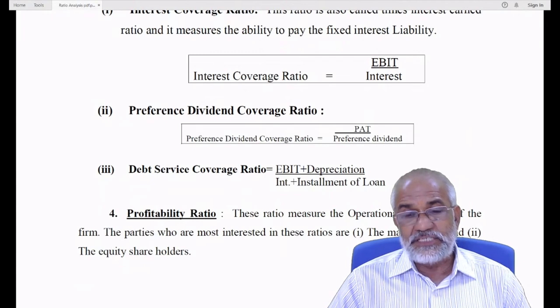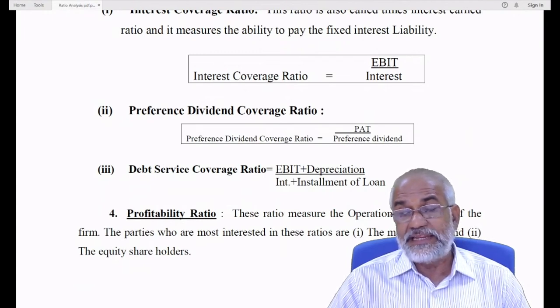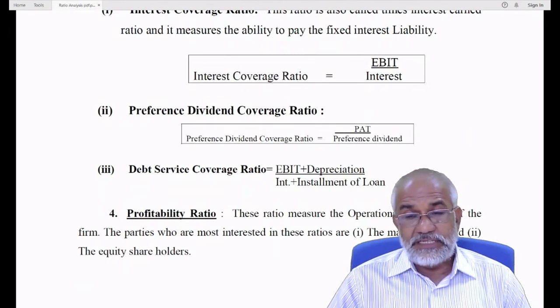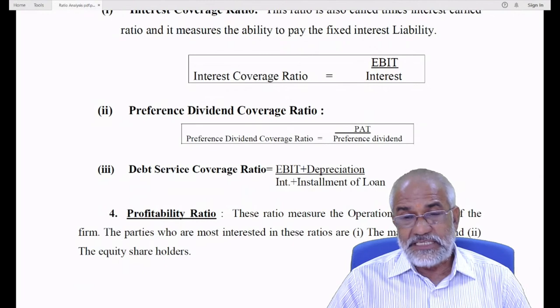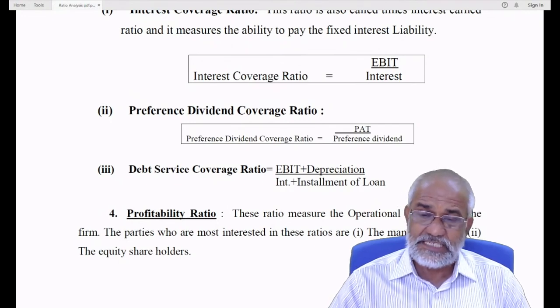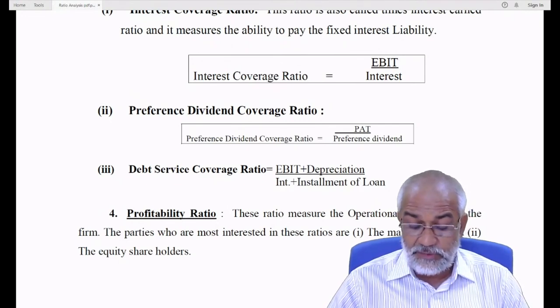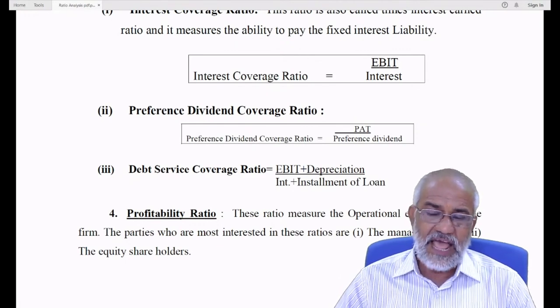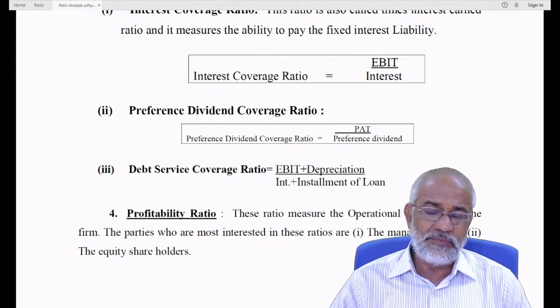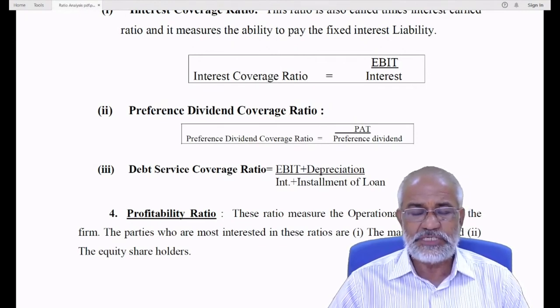So for the debt service coverage ratio, we need to calculate the net cash accrual of the organization during a particular period. How to calculate it? We need to add the depreciation, which is a non-cash expense, to the EBIT, earning before interest and tax. That would be the net cash accrual, and that has to be divided by the interest and installment of the loan payable during a particular year. Interest for the year as well as the installments due for the year have to be taken as the denominator, and earning before interest and tax plus depreciation as the numerator.